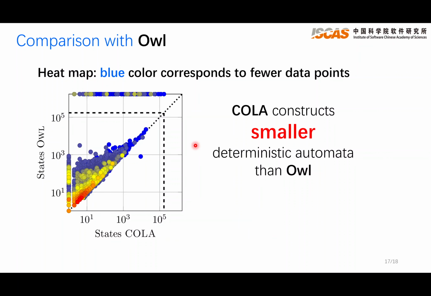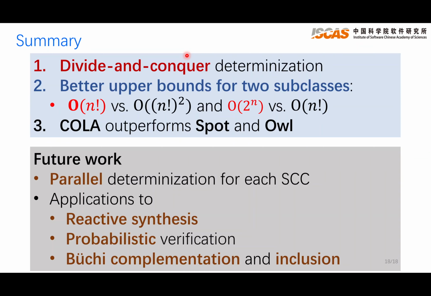As for the comparison with Hour, the results are similar, except that the advantage of Cola over Hour is much larger. We can conclude that Cola outperforms Spot and Hour also on the size of the output automata. So to sum up, we propose a divide and conquer determinization construction that performs independent and specific constructions for each SCC.